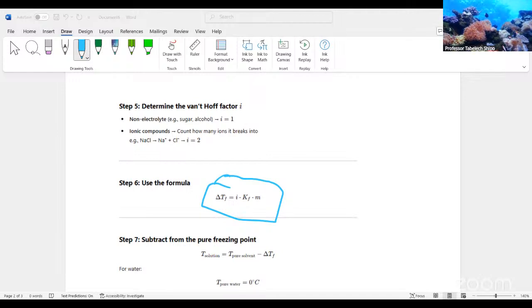If you have further questions and you need clarity on these problems, put a comment in the comment space below. So let's go ahead and transfer this process to a practice problem.